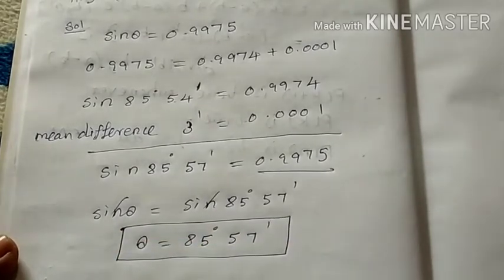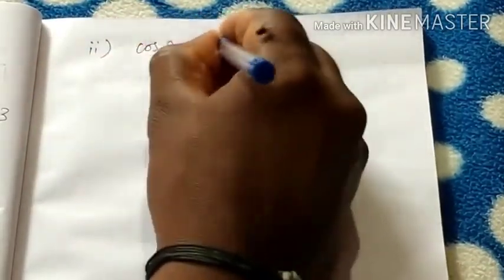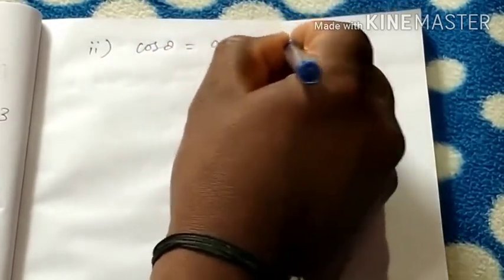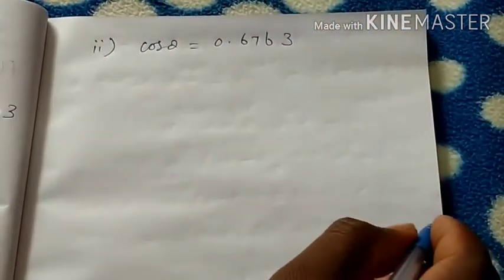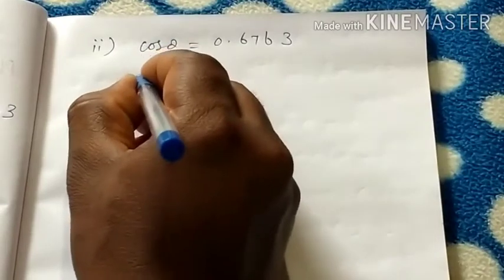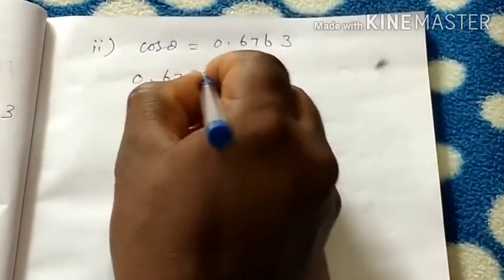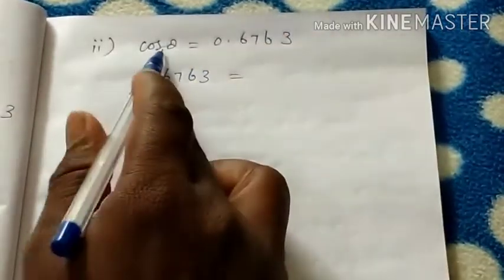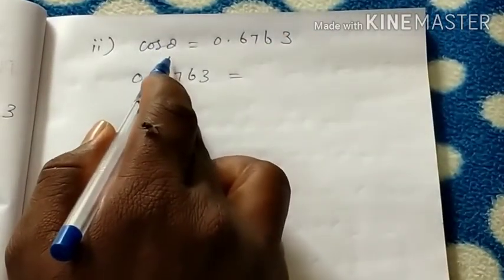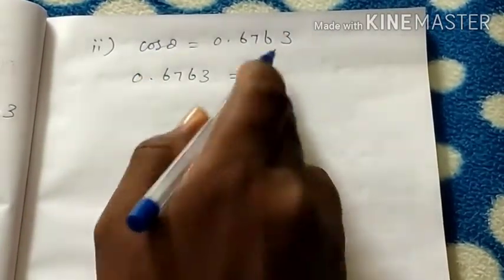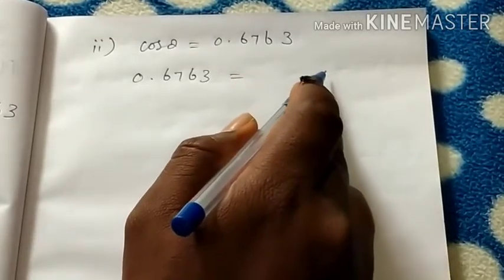Have you understood? The second subdivision is cos theta equals 0.6763. In the same manner, 0.6763: now the cos value exists, so we make the subtraction of the mean difference values.